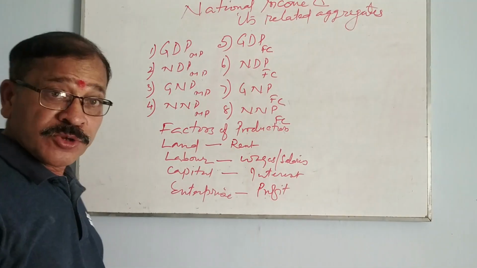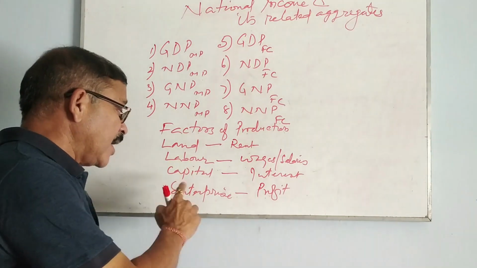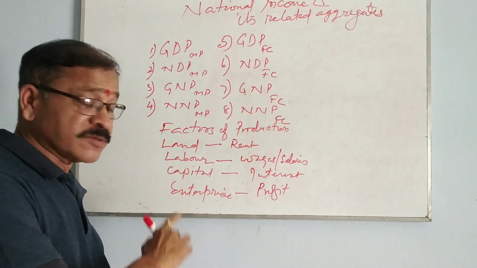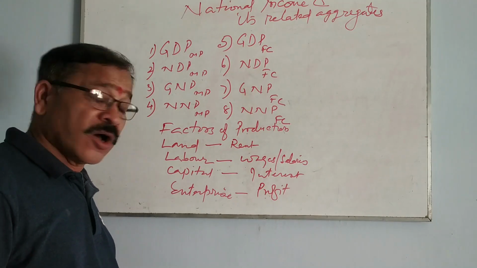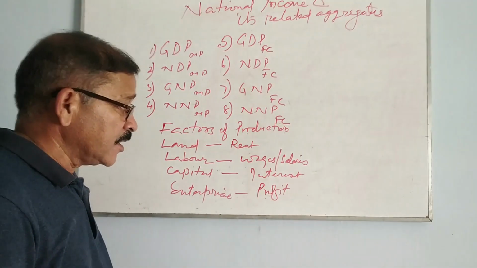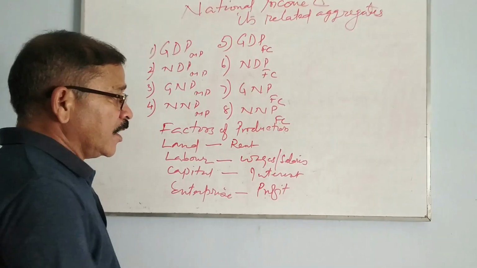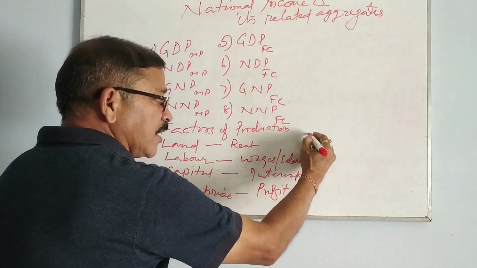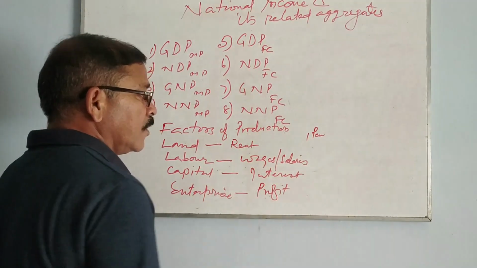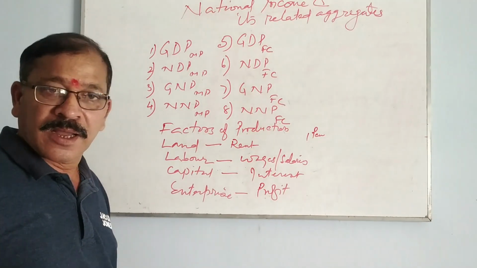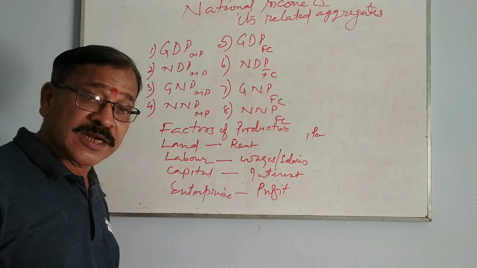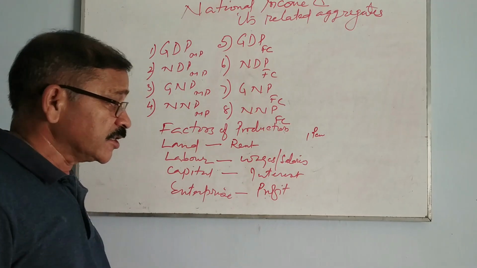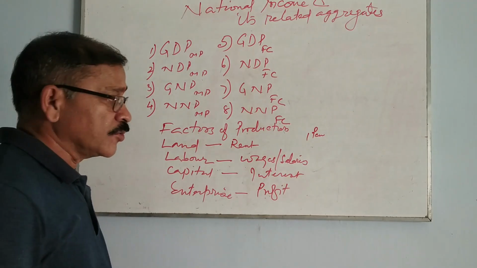So, in order to produce a pen, I require land, labor, capital, enterprise, for which I have to pay rent, wages or salaries, interest, and profit. So, for example, for 1 pen, for rent I paid 2 rupees, wages and salaries 2 rupees, interest 2 rupees, and profit 2 rupees.